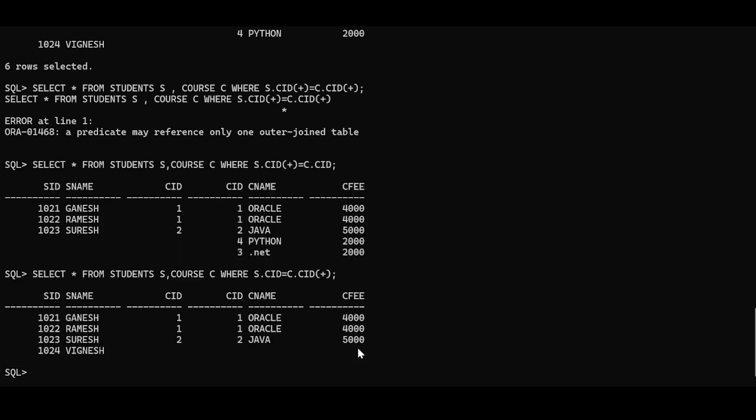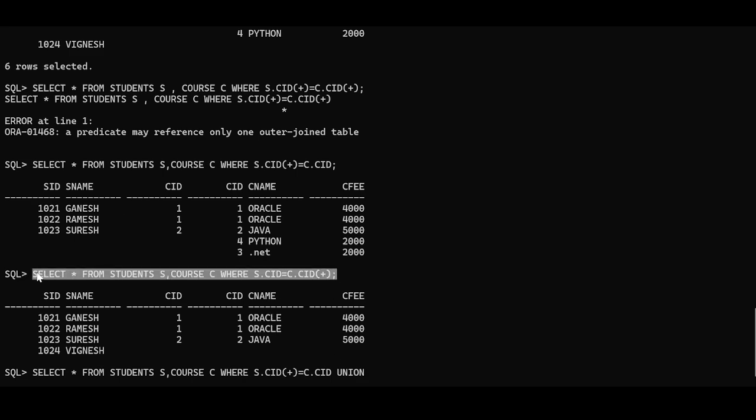Previously we have discussed something about the union function, right? If you have one query, you will just use the union operator, followed by another query.